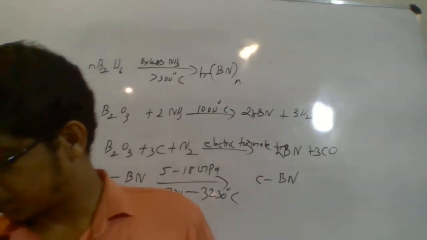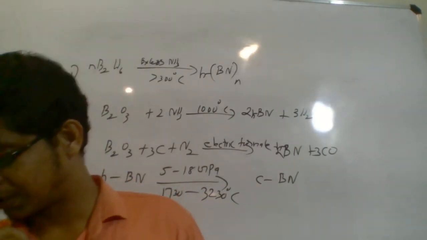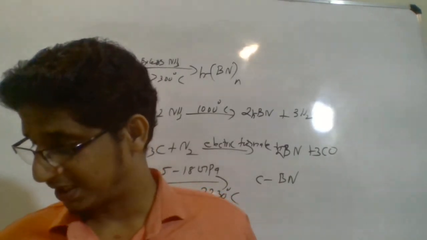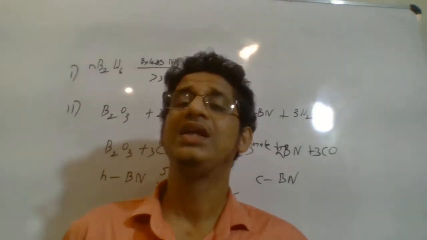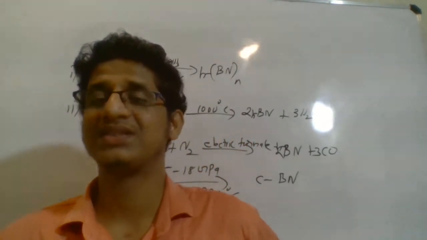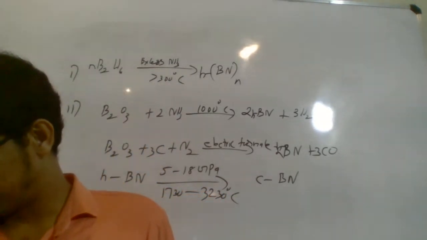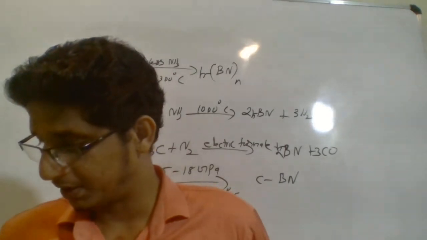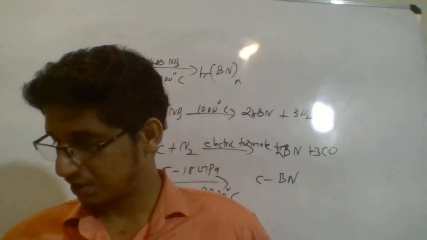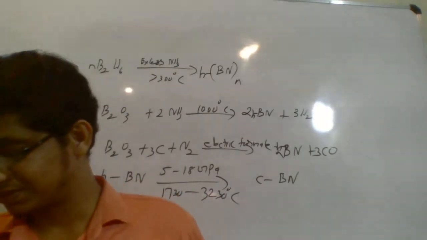If you talk about the cubic boron nitride property, its application is in machine cutting tools and abrasives. So you can imagine, like diamond, it is very hard. It is highly stable, and it is used for making crucibles and wear resistant coatings.